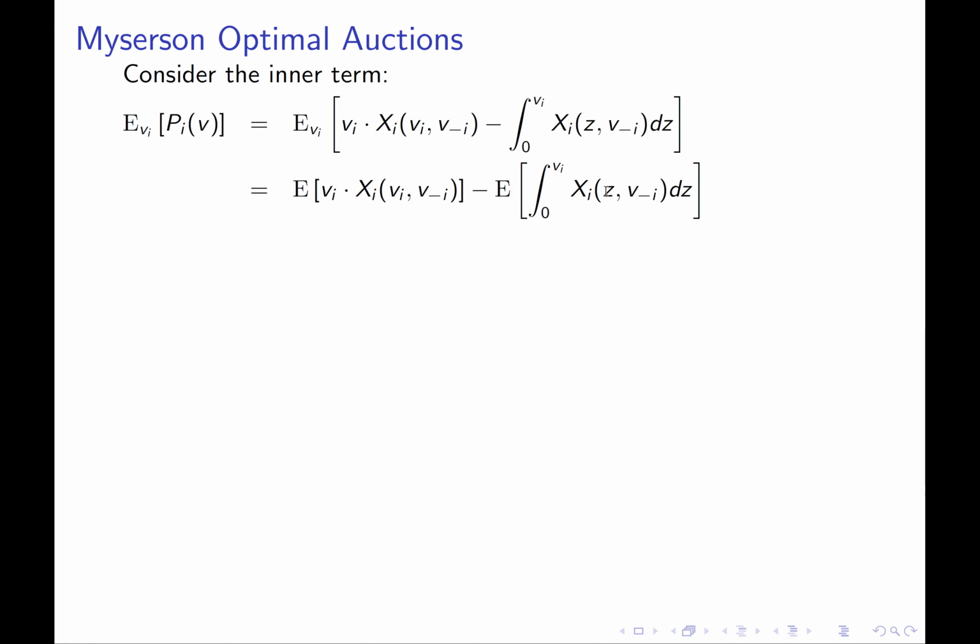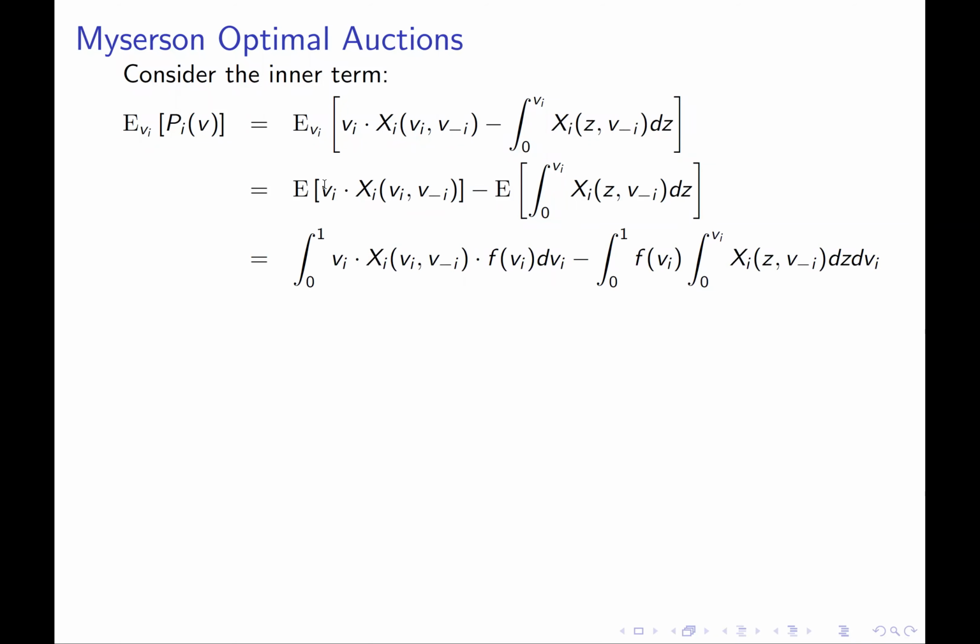Okay, and now I want to expand the expectation. I want to open up this term. And so what's an expectation? Well, if I'm taking the expectation over some value v, if it were a discrete distribution, I would just take the sum over all possible values v of the expression inside the expectation times the probability of that value v. And for an expectation over a continuous random variable, I do the same thing, but with integrals.